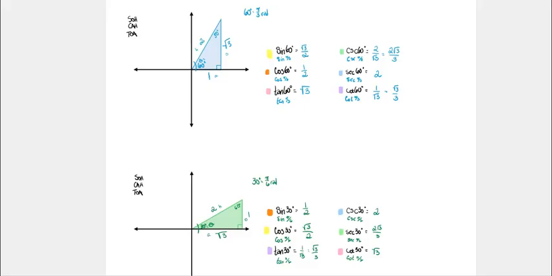And as you can see when you evaluate these two charts, the co-functions of complementary angles are equal to each other. Therefore, the following relationships are always going to be true. The sine of 90 degrees minus theta, or you could also say the sine of pi over 2 minus theta, is equivalent to the cosine of theta.